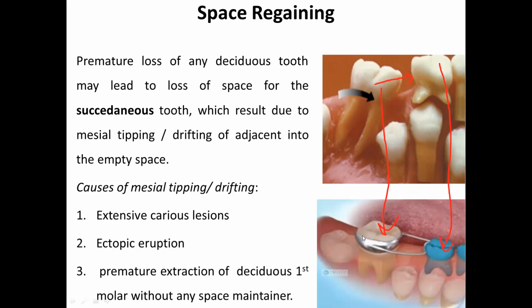So this appliance prevents the drifting of the teeth in order to maintain the arch space for the tooth which is supposed to erupt into the oral cavity or into this space.